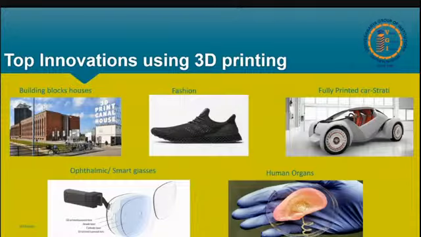So again, as an example, building block houses. As I said, there are some companies which are building some small ones. It's not the right image to show, but basically they are using very large FDM machines which extrude paste.